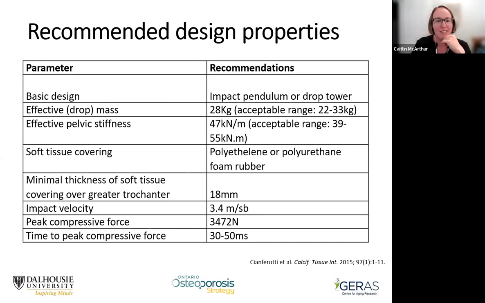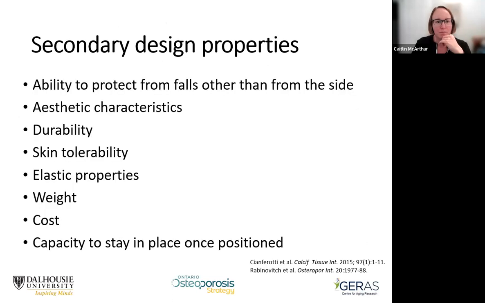You don't necessarily need to know what these are, but do know that hip protectors go through a rigorous process, and they do have to meet some standards to be tested in humans. Aside from that primary objective of decreasing the amount of compressive force that goes through our hip when we fall on it, there are some other properties that are recommended when people develop hip protectors.